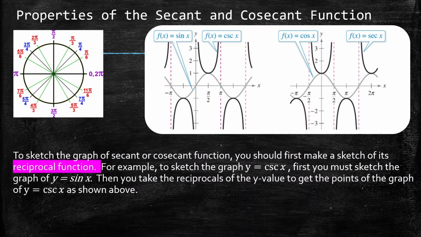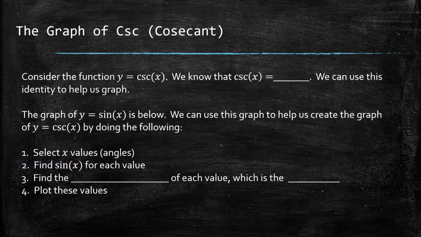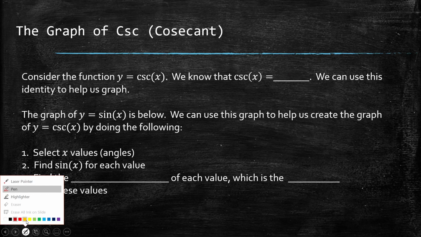So some of the properties of these two functions: to sketch the graph of the secant or cosecant function, we make a sketch of its reciprocal first. So if I'm going to do cosecant, the first thing I'm going to do is graph sine and build off of that. So the graph of the cosecant function, consider that. To graph cosecant, we know that cosecant is 1 over sine.